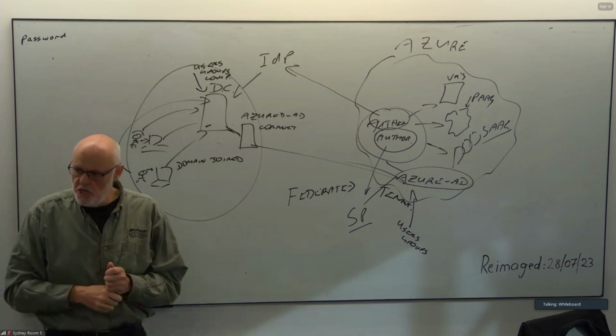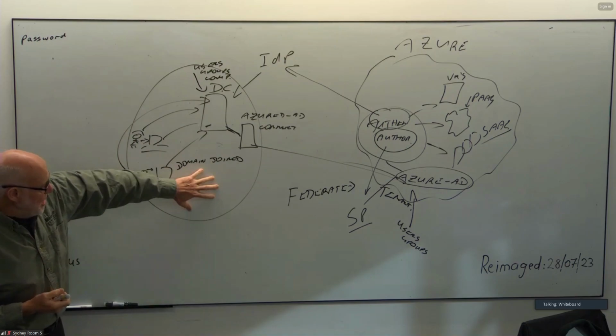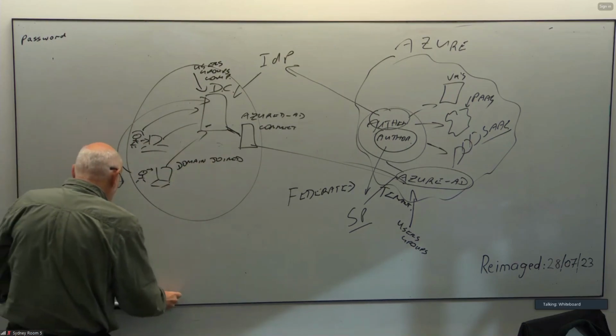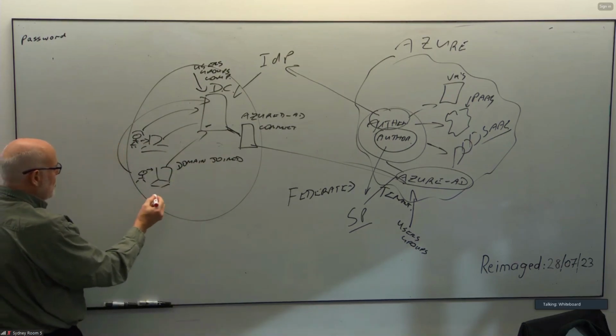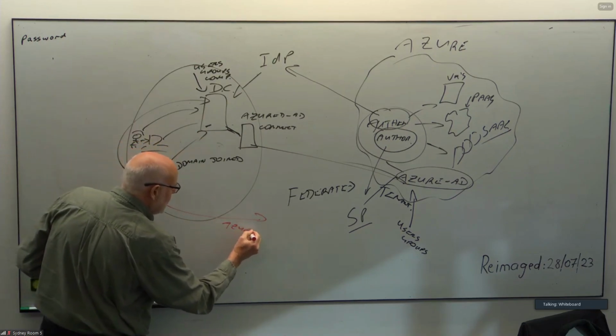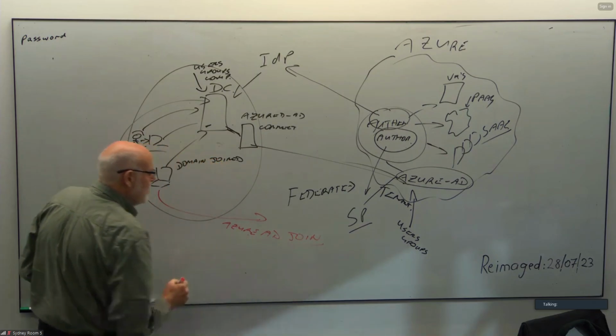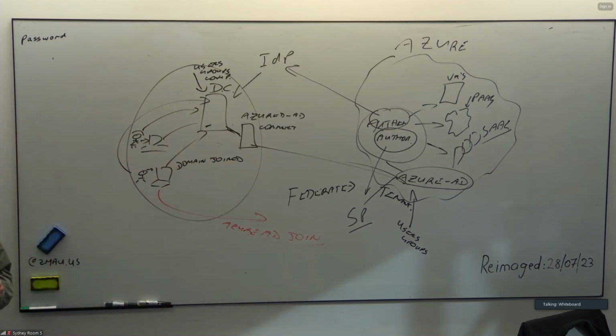So far, we haven't even spoken about Intune yet. Now, in Windows 10, Microsoft said, well, okay, what we'll do is we'll allow you to Azure AD join the computer.